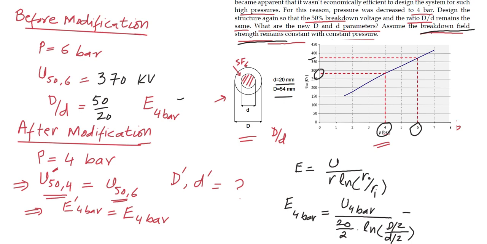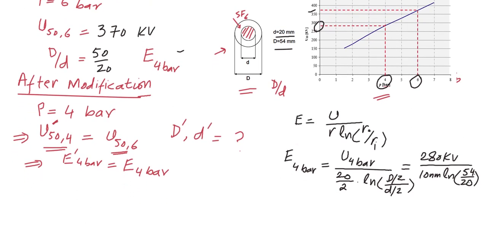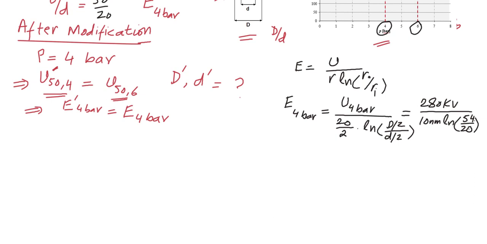So we are going to put these values: 280 kilovolts divided by 10 millimeter, and natural log of 54 over 20.